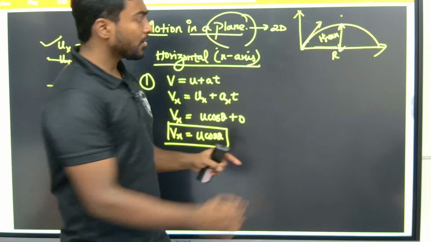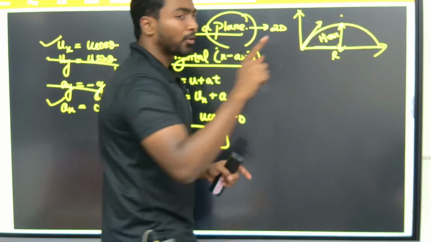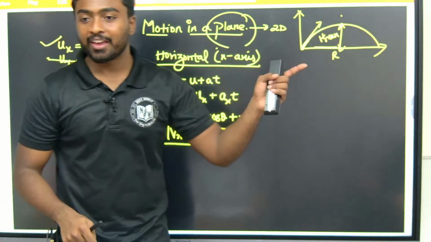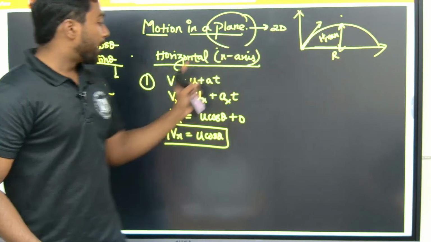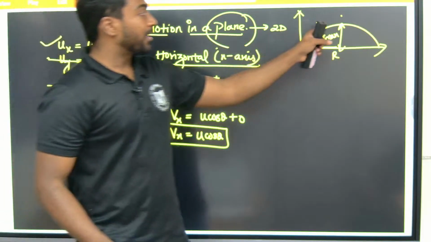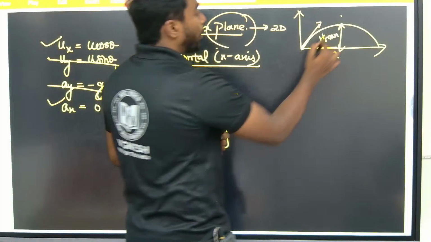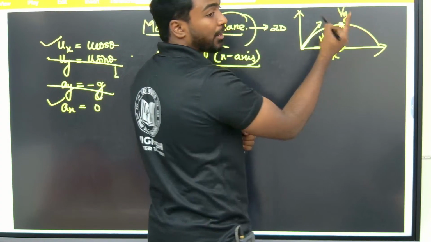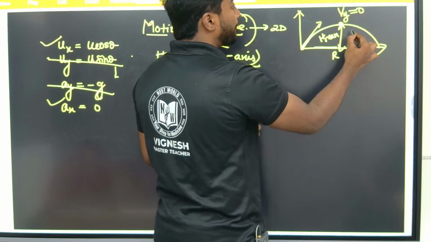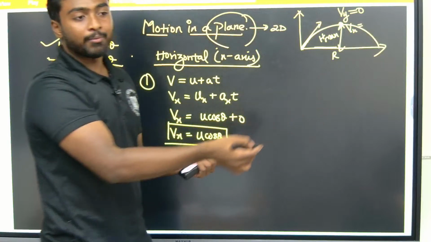If total velocity becomes 0, like in both x axis and y axis, the body will fall down. But velocity of x axis is there, that's why it's coming down again. So at this point, final velocity of y axis will become 0, but final velocity of x axis will be the same, the initial velocity only.